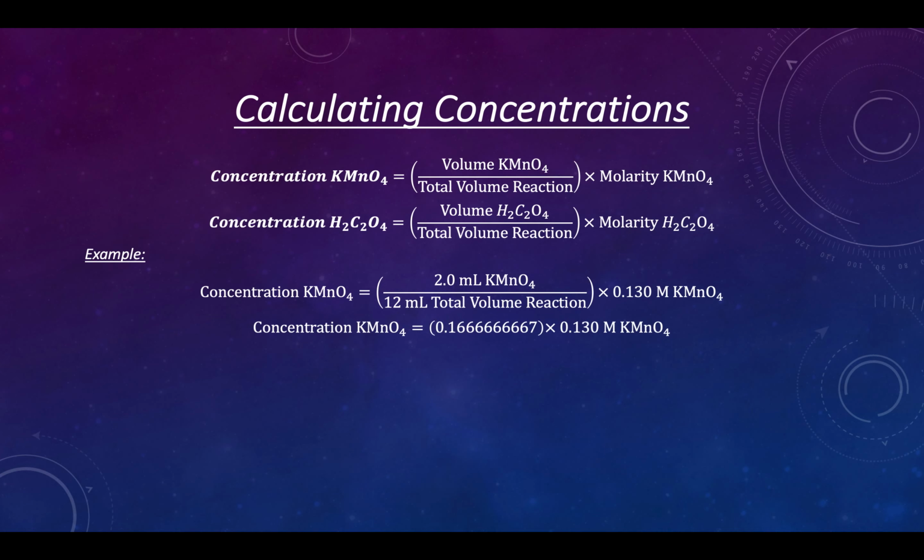And then the concentration of potassium permanganate equaled 0.16666666667 times 0.130 molarity potassium permanganate. And after that, we got a concentration of 0.0217 of potassium permanganate.